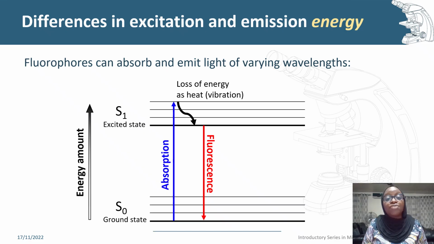There are also differences in excitation and emission energy. Fluorophores can absorb and emit light of varying wavelengths. The energy that is released as heat by the electron can vary. This means that the electron will produce light of different wavelengths as it relaxes.